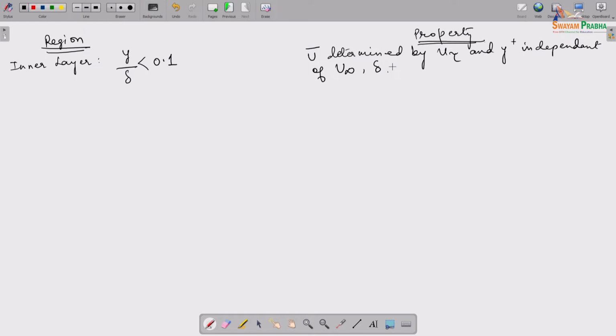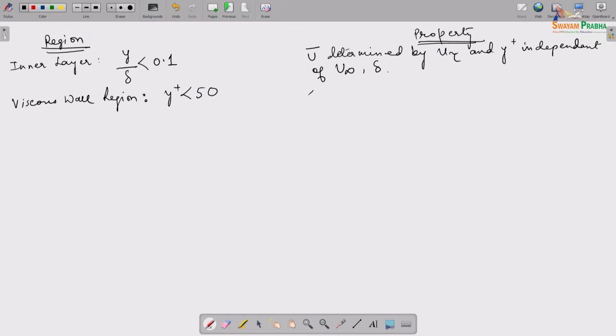Then we have the viscous wall region, which is where y plus is less than 50, or rather y is within 50 times the viscous length scale, delta V.